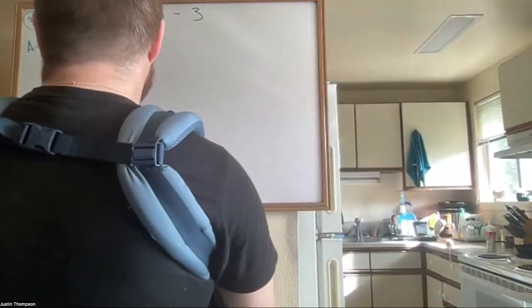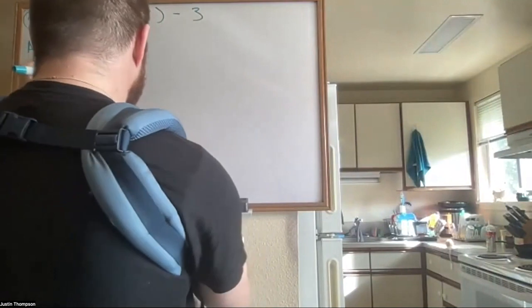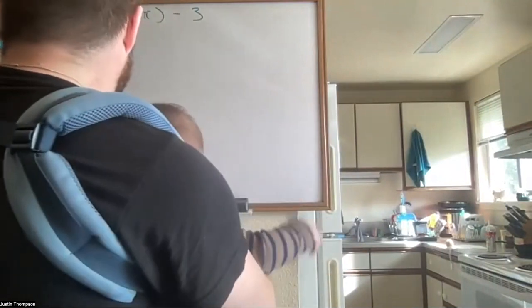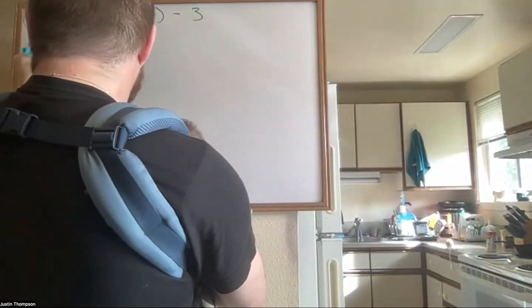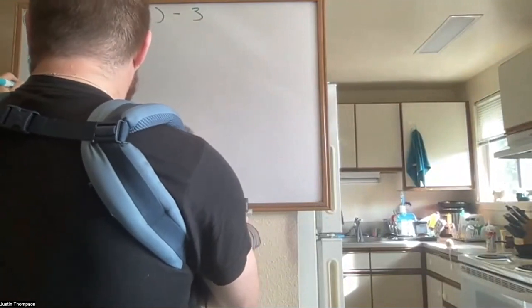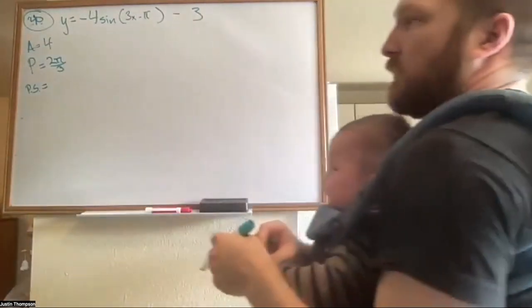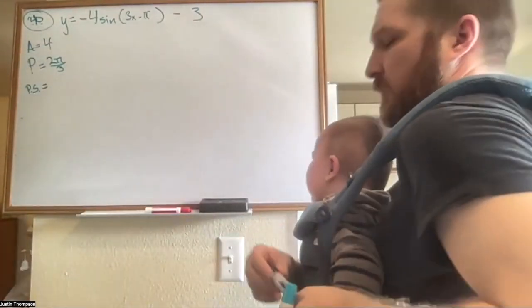Well, it's the exact same thing as last time, so I'm not going to bother asking you. The period now is 2 pi divided by that number right there, so that's 2 pi over 3. Phase shift is then, and there's a couple of different ways we could do this. We could factor out that 3.